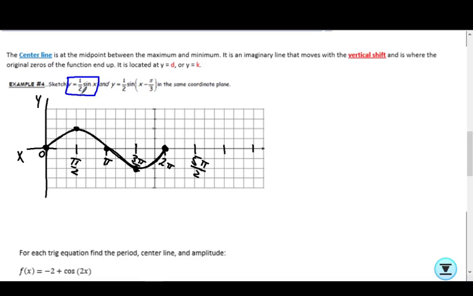So this is a change in my amplitude, my vertical stretch or compression. Since it's 1/2, my new amplitude is 1/2, so this is a vertical compression. My zeros are exactly the same, but my maximums and minimums are now at 1/2. So here is my first transformation.